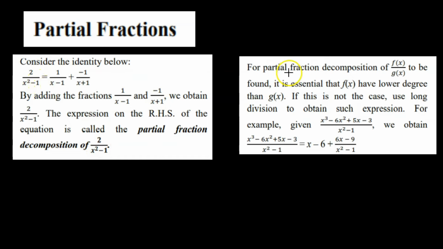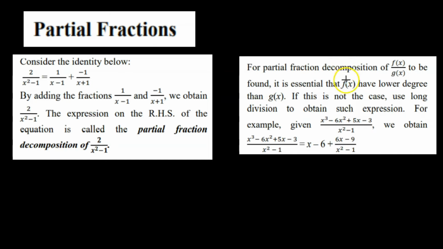So for the partial fraction decomposition of f of x over g of x to be found, it is essential that f of x have a lower degree than g of x. What it implies is that you should always have the rational function as a proper rational function before you can go ahead and find the partial fraction decomposition.